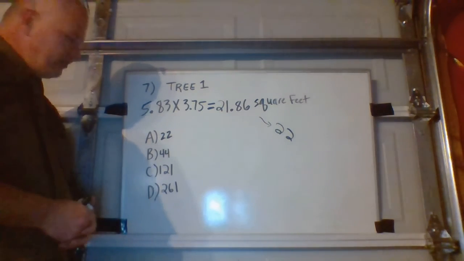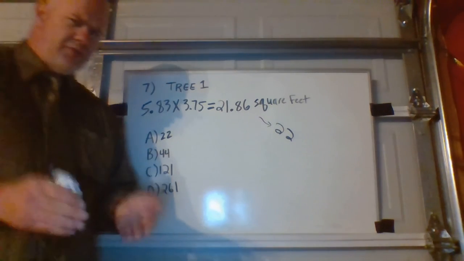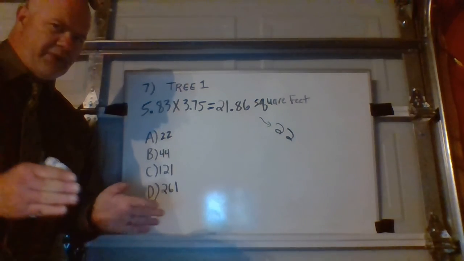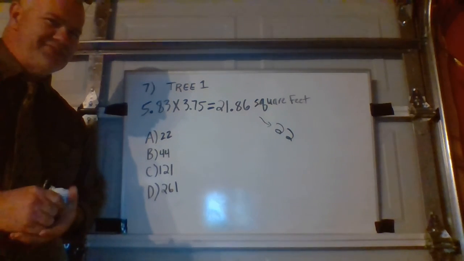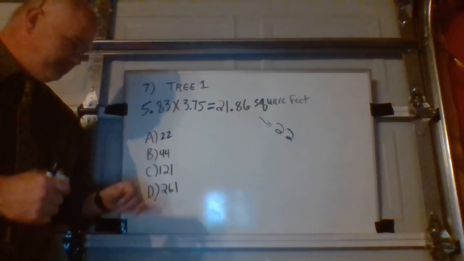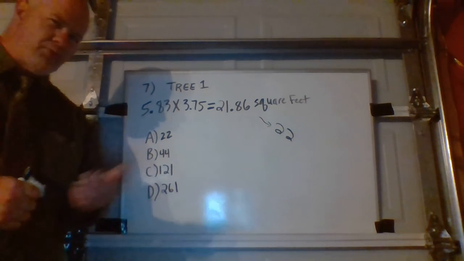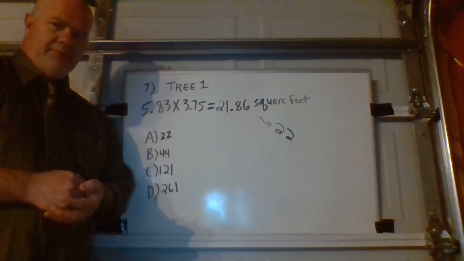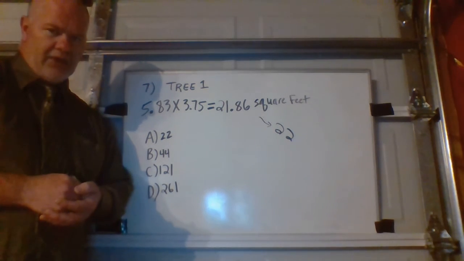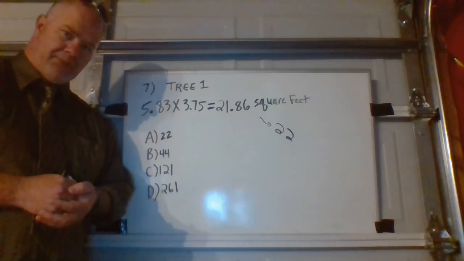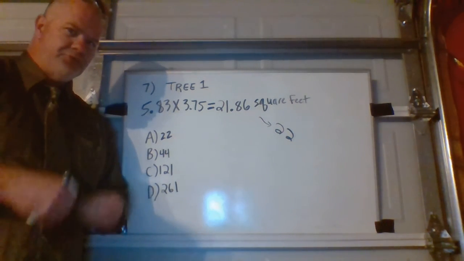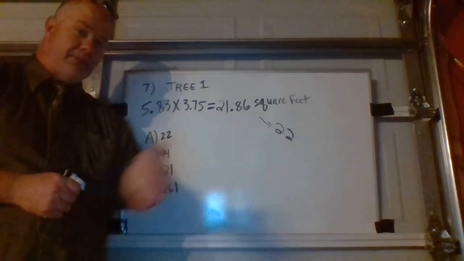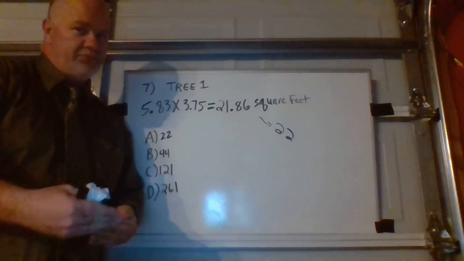Something else I'd like to point out here is one of the reasons there's such a disparity between these choices. Take a look at B. We've got 44, and I can tell you exactly where that comes from. The people who make the math test know that sometimes when a student is given the diameter, they use that number and plug it into the formula, and that's a mistake.